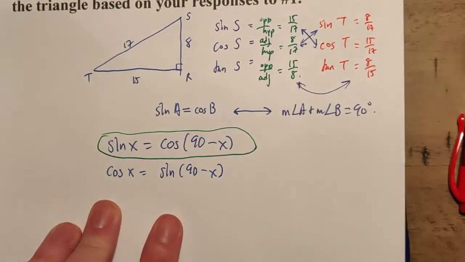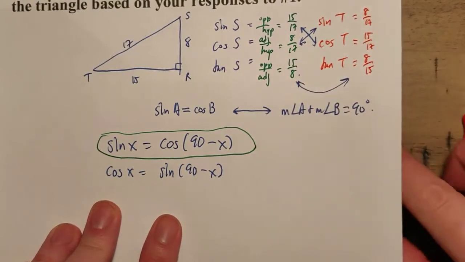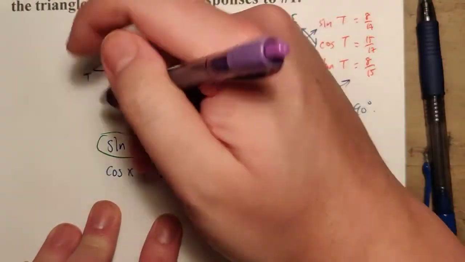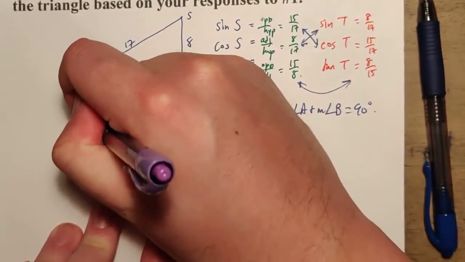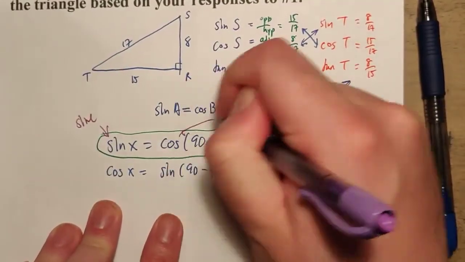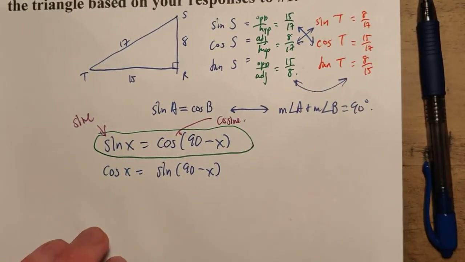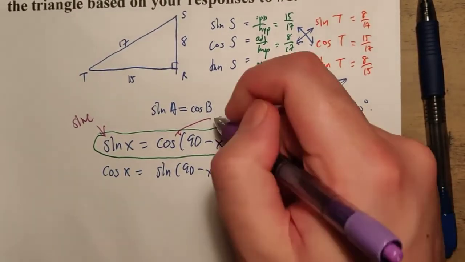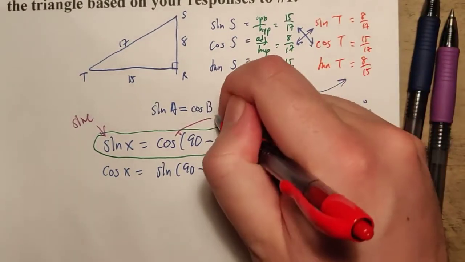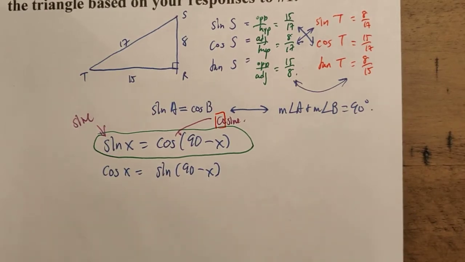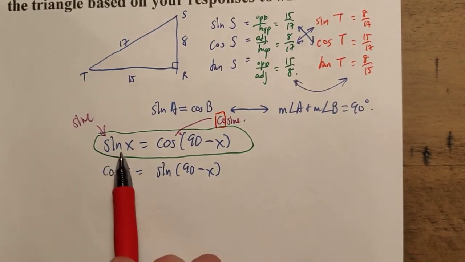Now, this actually tells you a couple of things about what's going on here. Notice how this here is sine, and this here is cosine. They represent exactly the same thing. You have sine and we have cosine. The only difference is this "co" here. The reason it's called cosine, ladies and gentlemen, is that cosine is just a shorthand way to say the sine of the complementary angle.